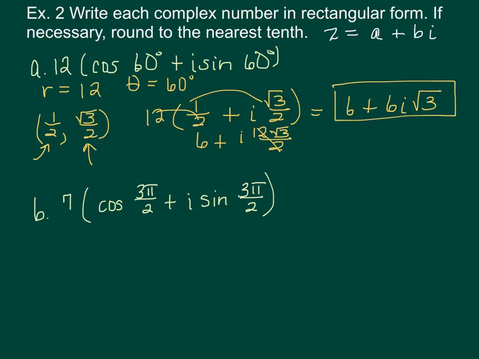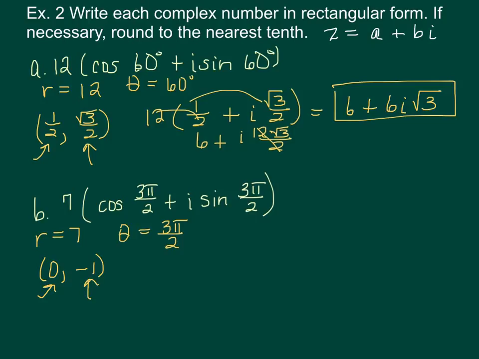Part B. Now my r is 7 and theta is 3 pi over 2. The coordinates for 3 pi over 2 are 0 and -1. This is cosine, this is sine.